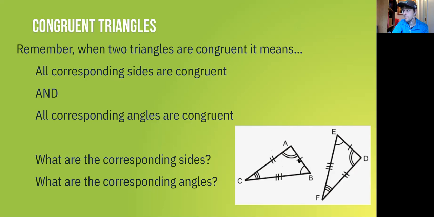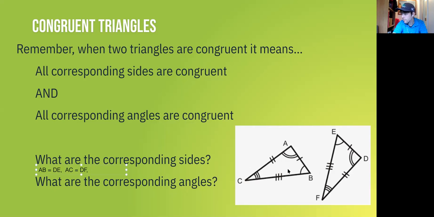So here we have side AB and side ED would correspond. So AB would correspond with DE. And we have, let's see, side AC here would correspond with side DF. AC would correspond with DF.